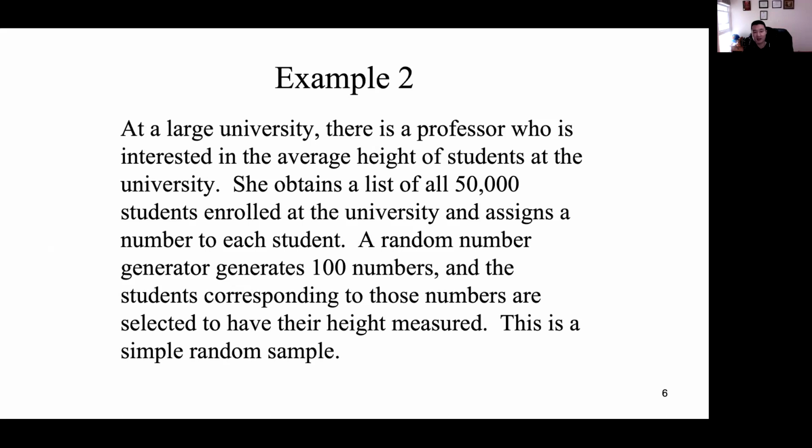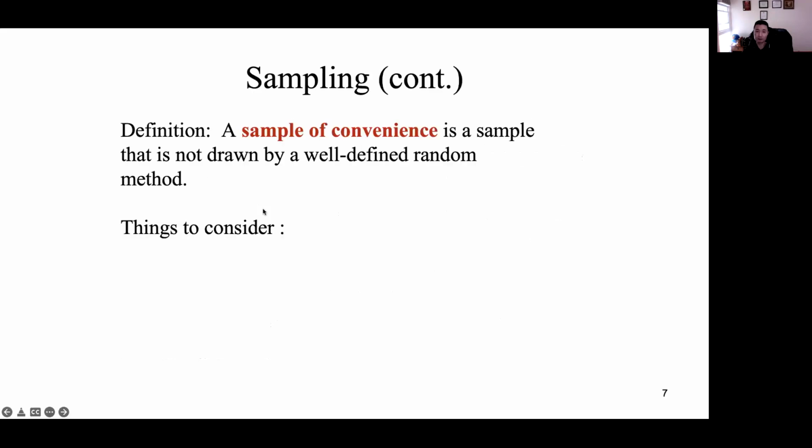This is an example of a simple random sample. We can use software such as Excel to choose the random 100 numbers, similar to what we normally do in a lottery.